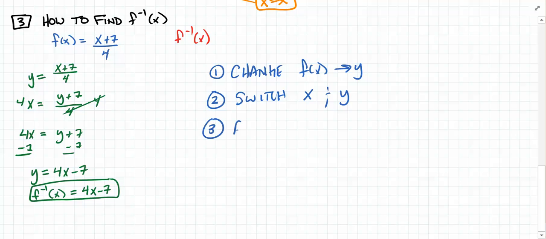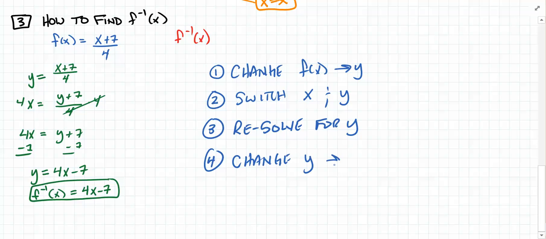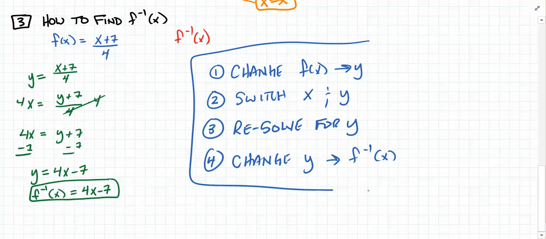Resolve for y. And what's the fourth thing I did? Put it back into inverse. Yep, change y into f inverse of x. So that right there is a really nice procedure for you to be able to follow to produce the inverse function. Those 4 steps, really good procedure. So maybe you want to highlight box number 3, go back to the video and watch it, okay?